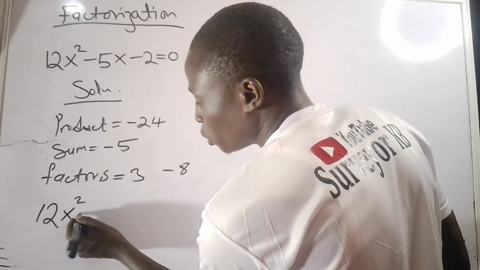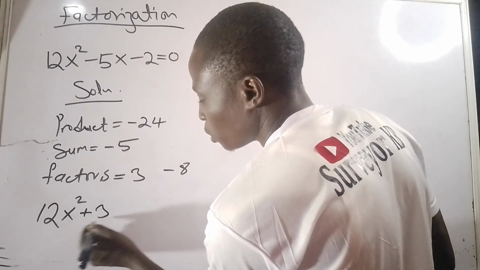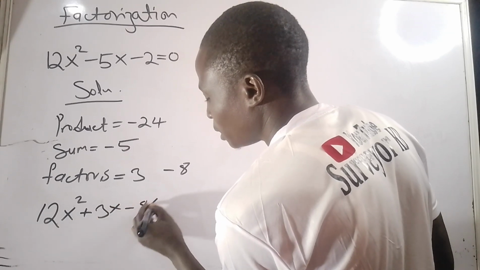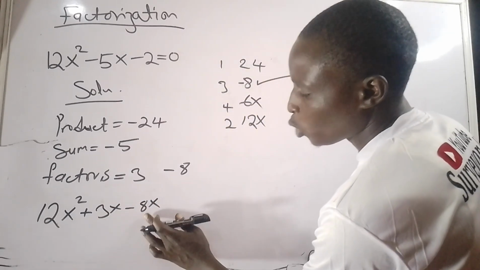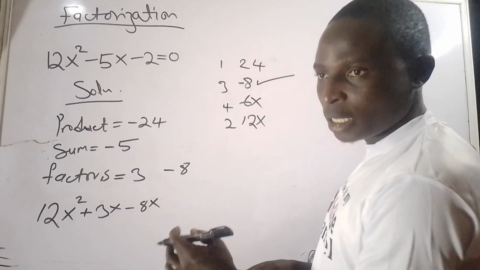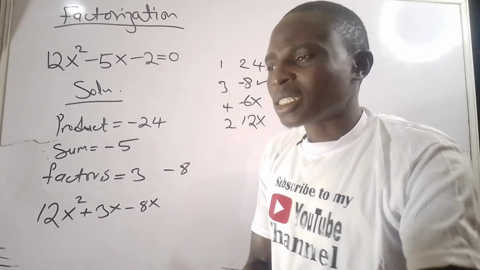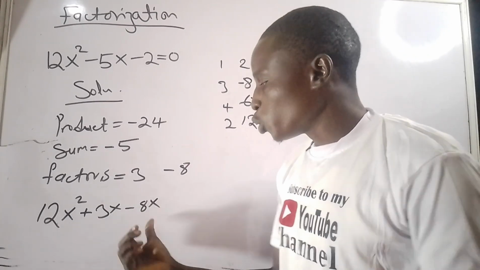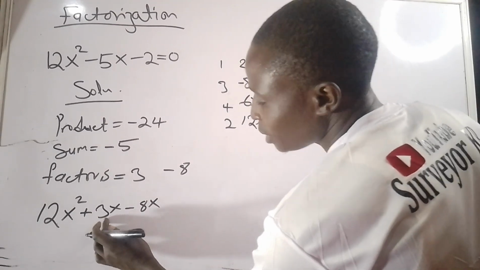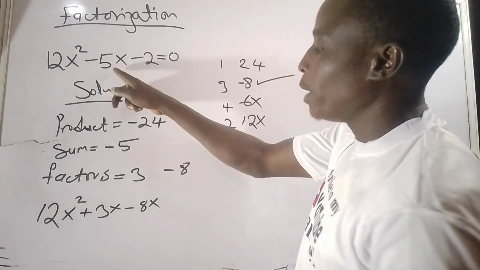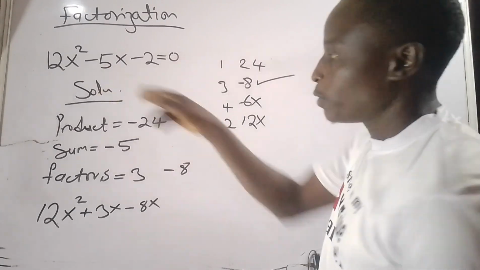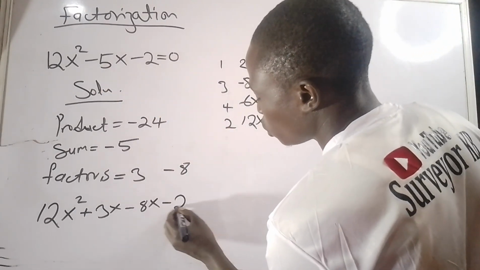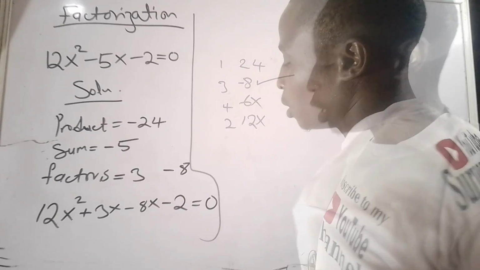So 3x minus 8x is replacing the minus 5x, minus 2 is equal to 0.